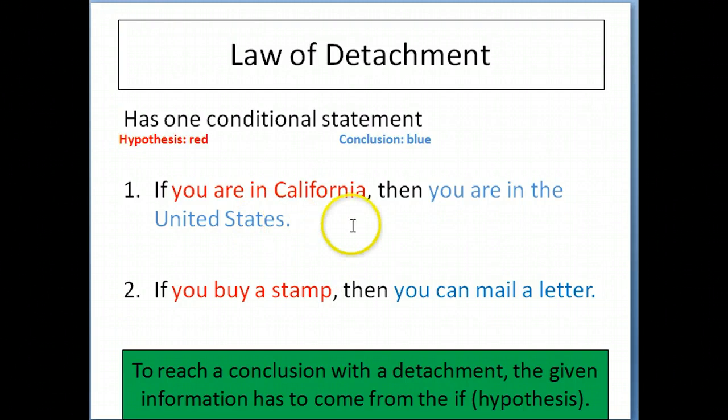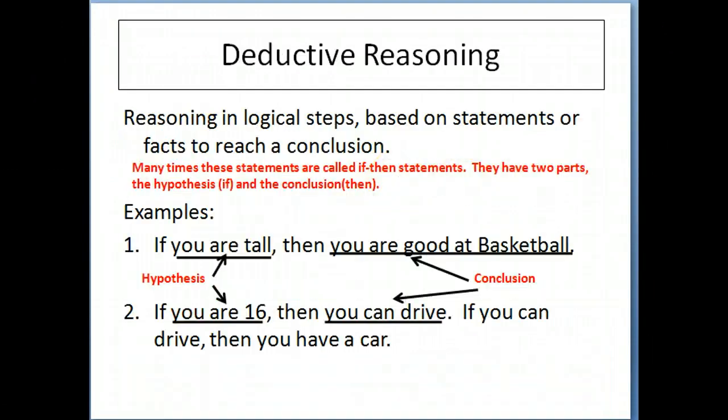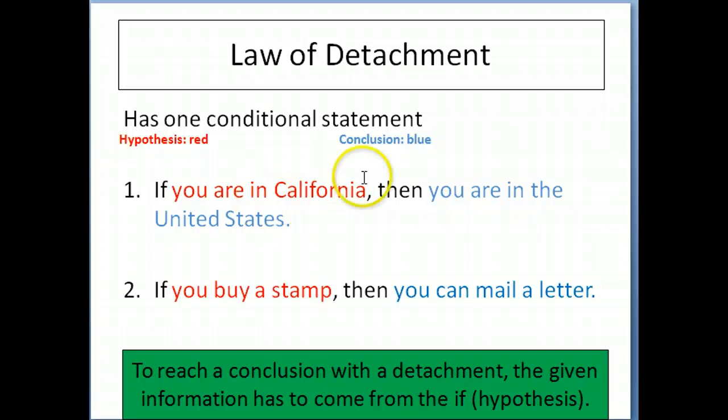Say, for example, John is in California, we use our rule right here. If someone's in California, they're in the United States. So we could say John is in the United States. We cannot go back the other direction. If they said John is in the United States, we cannot go backwards and conclude that he is in California.